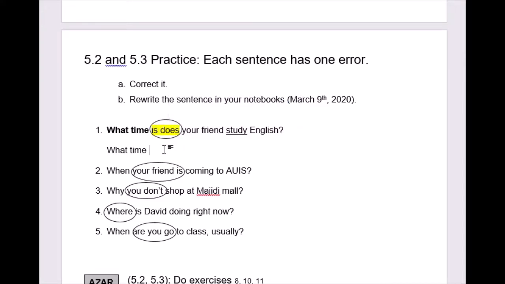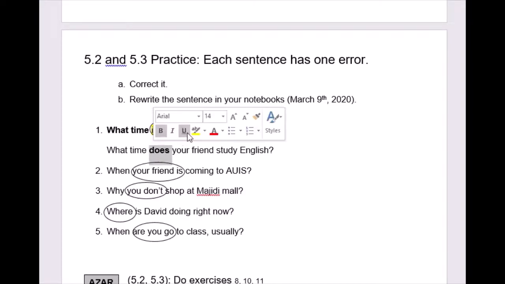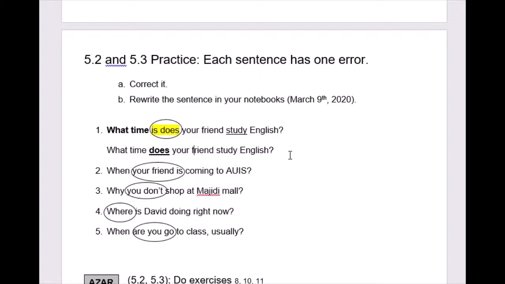What time does your friend study? Okay. So that's the correct helper verb. Okay. So to try these, pause the video, and then you can find out the answers.